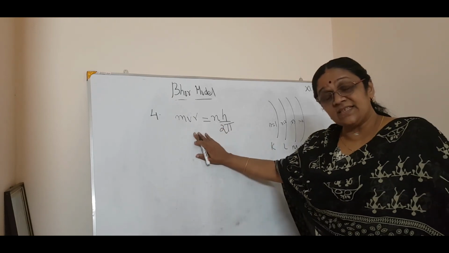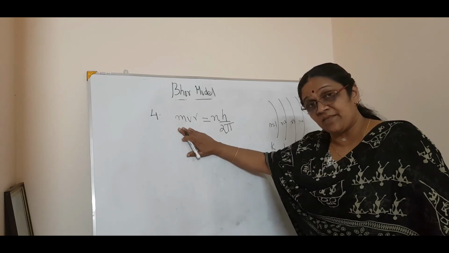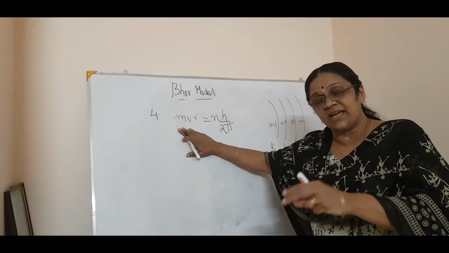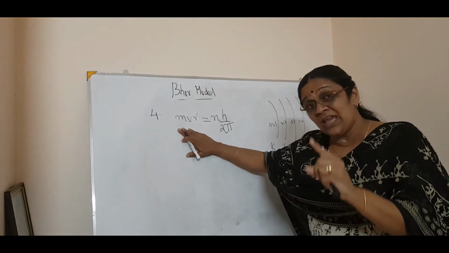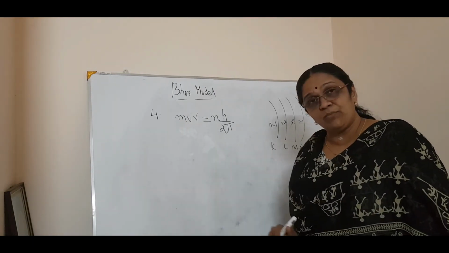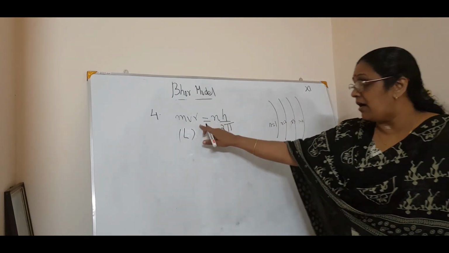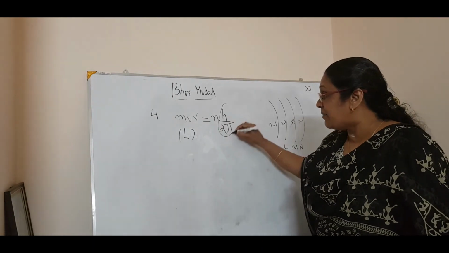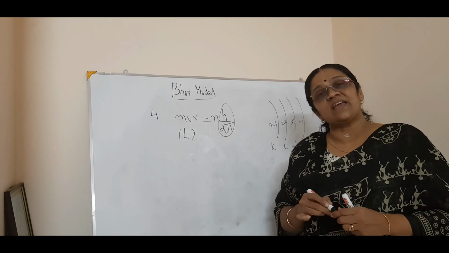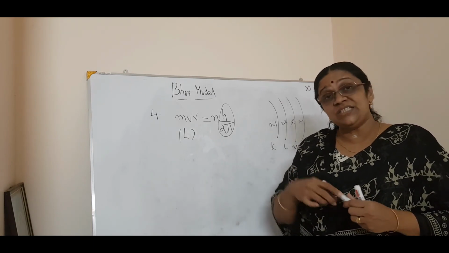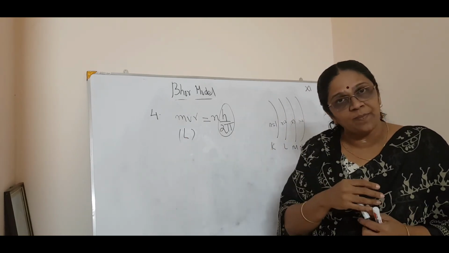So, he says that this is a very, very important point. Here the quantization concept is there. It cannot move continuously. The electron can revolve in that orbit only if the angular momentum of that electron, that is mvr, or we represent it as L, is equal to an integral multiple of h by 2 pi, which means that electrons cannot jump from one orbit to another in a continuous manner.